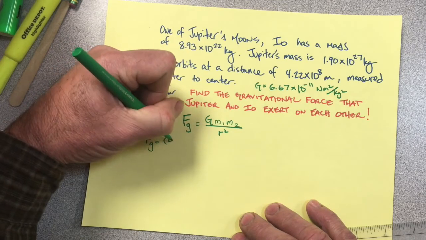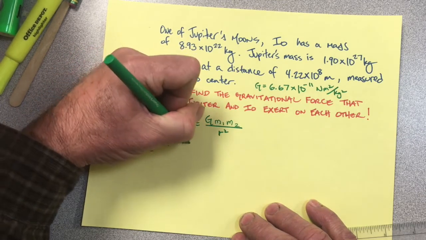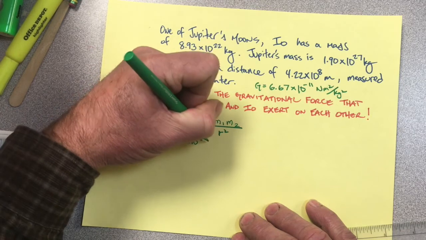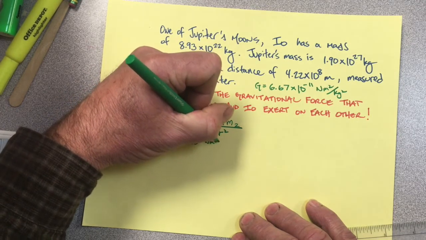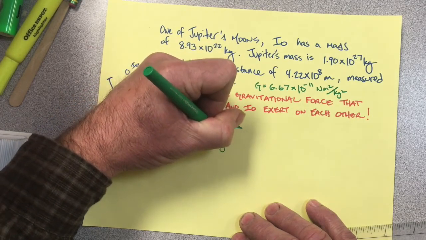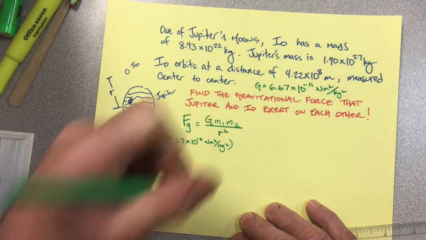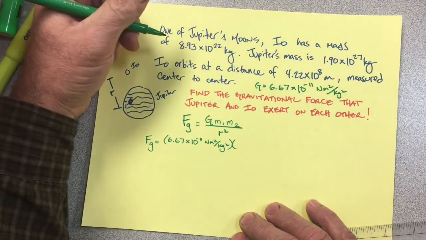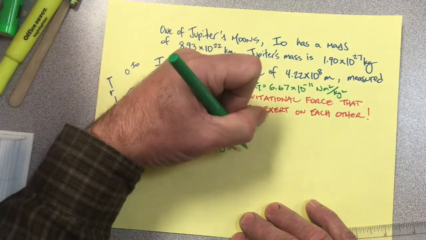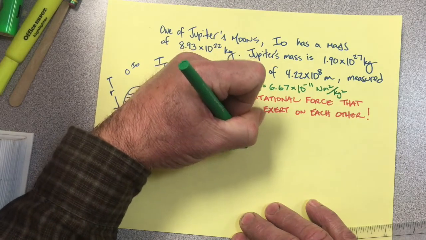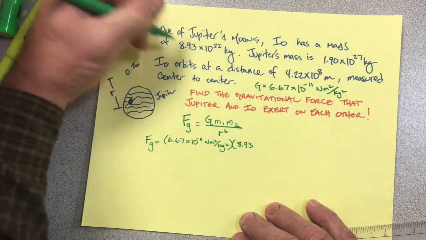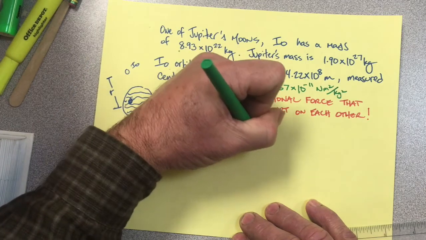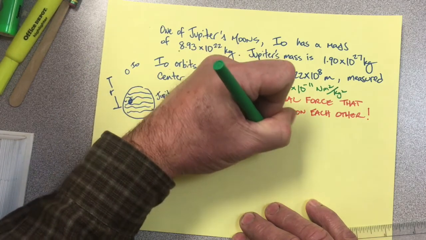Big G, the universal gravitational constant, as I just mentioned, has a value of 6.67 times 10 to the minus 11. And let's just put Io first. Doesn't matter the order we put them in. So here's 8.93, the mass of Io, times 10 to the positive 22 kilograms.